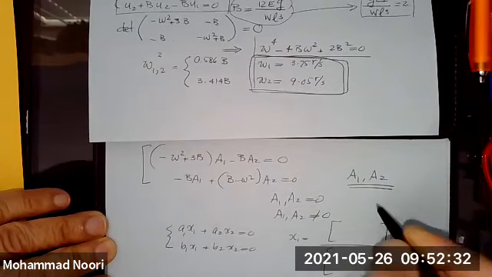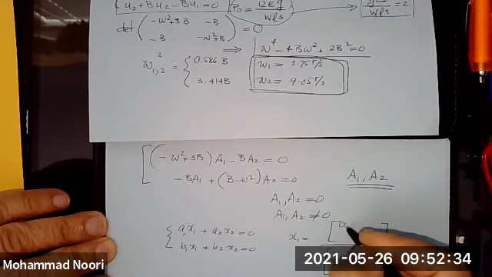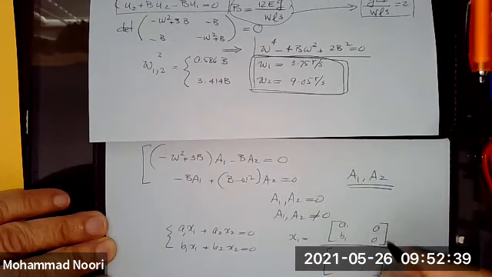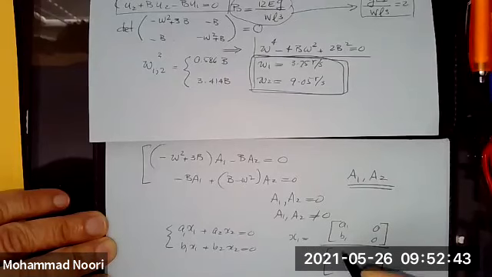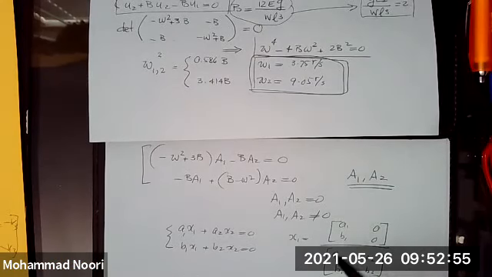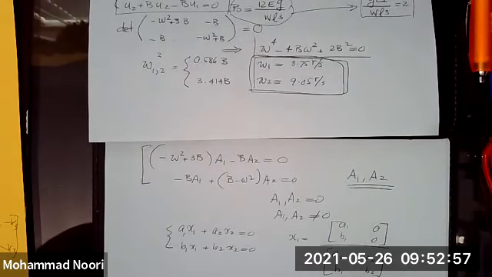The numerator is a1, b1, and the second column is this. The denominator is a1, a2, b1, b2. And the same thing for x2, a2, b2, 0, 0. Same thing, Cramer's rule.